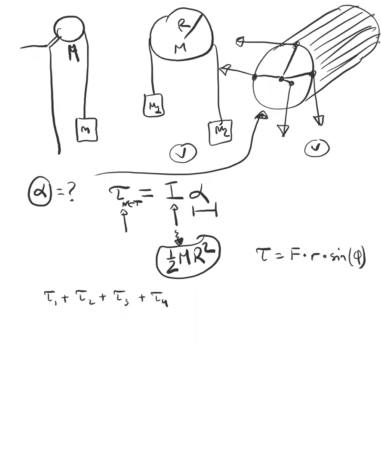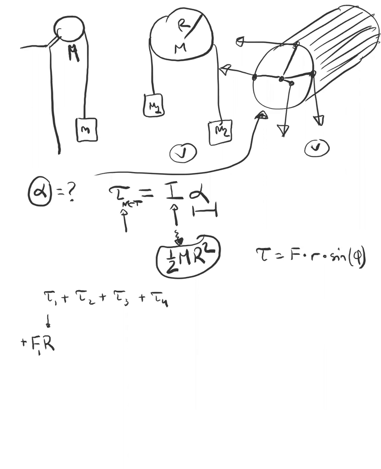Let's start with force F1. Force F1 is trying to rotate the cylinder counterclockwise, so torque 1 comes with a plus sign. I will take force 1 and multiply it by my radius, because this force is applied at the rim. Then I need an angle.